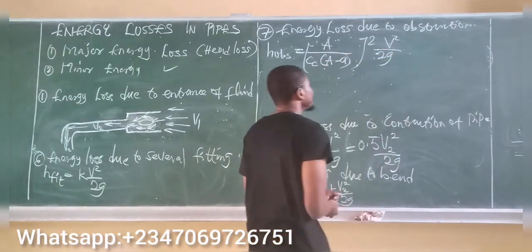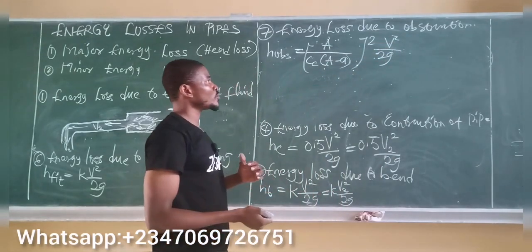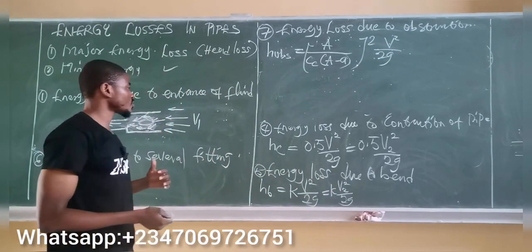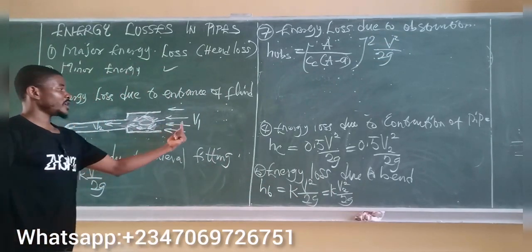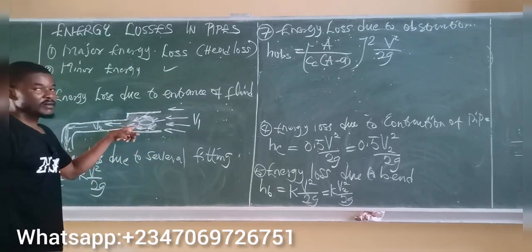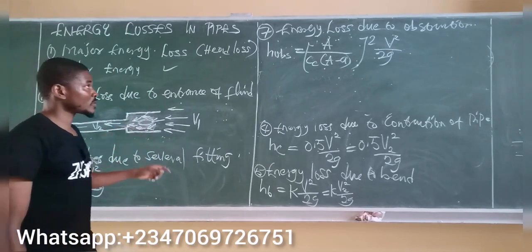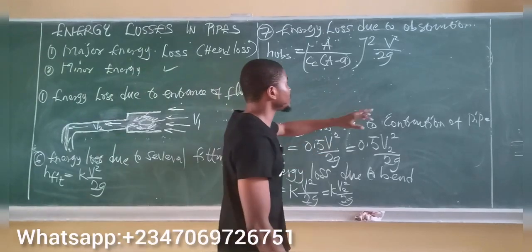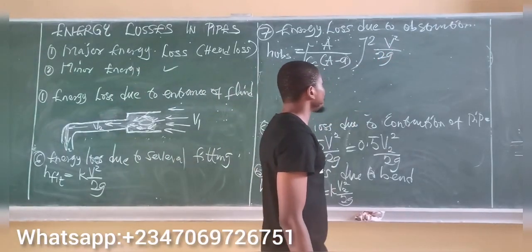Once again, V stands for the speed of flow at the point where the obstruction is found. In this case, if this is the entrance with a speed of V1, that means the obstruction is found where the speed is V1, so you can write this by calling this velocity V1.